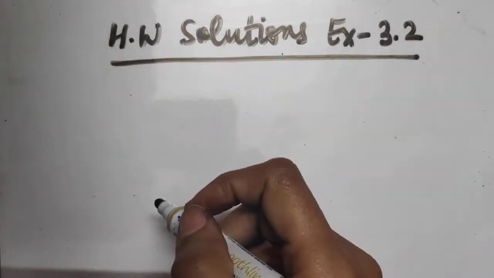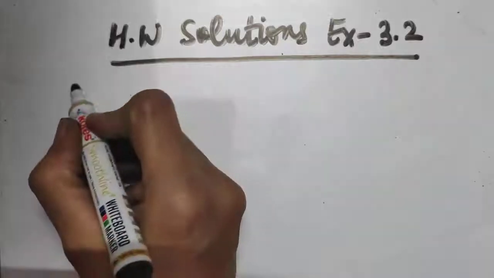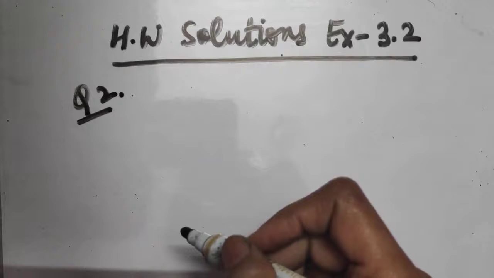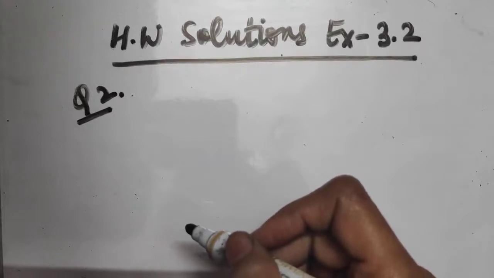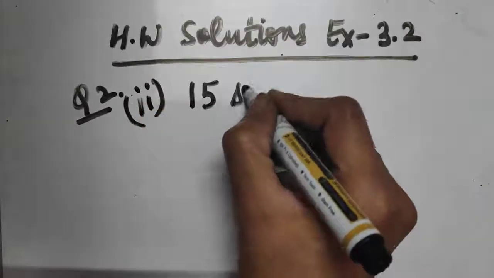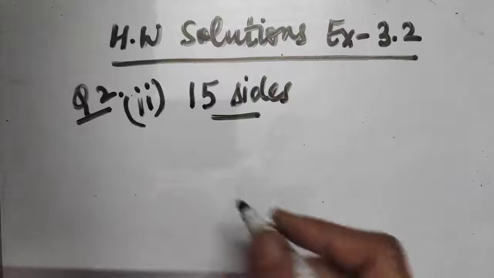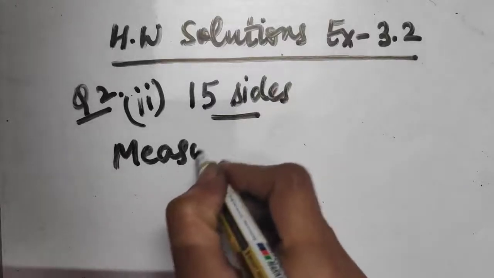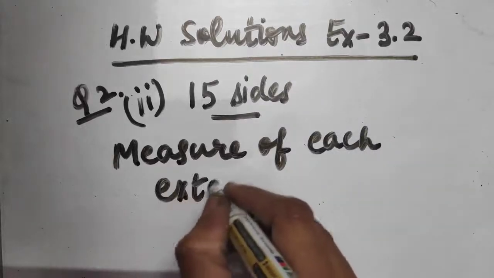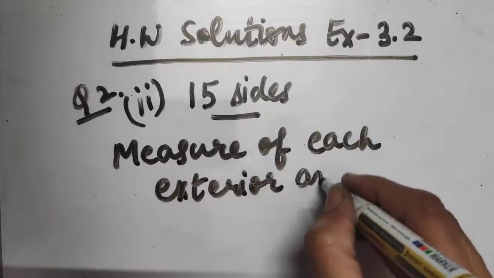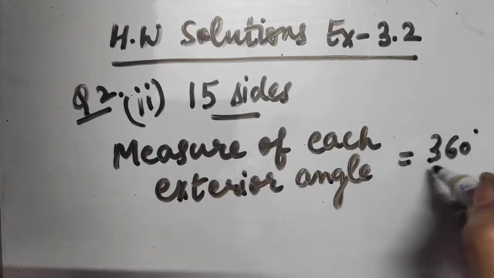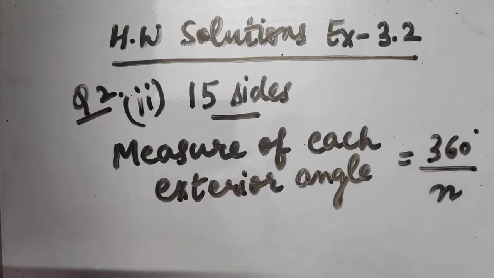Let us discuss now question number 2. Find the measure of each exterior angle of a regular polygon of 9 sides, and second part is 15 sides. I am doing second part wherein the number of sides are 15 given to us, and we know that the measure of each exterior angle is equal to 360 degrees divided by number of sides, that is n.